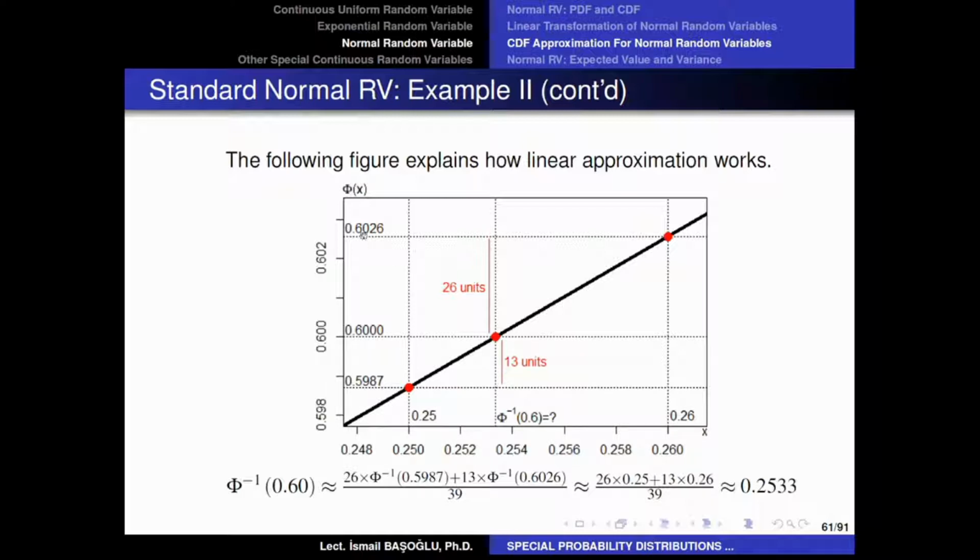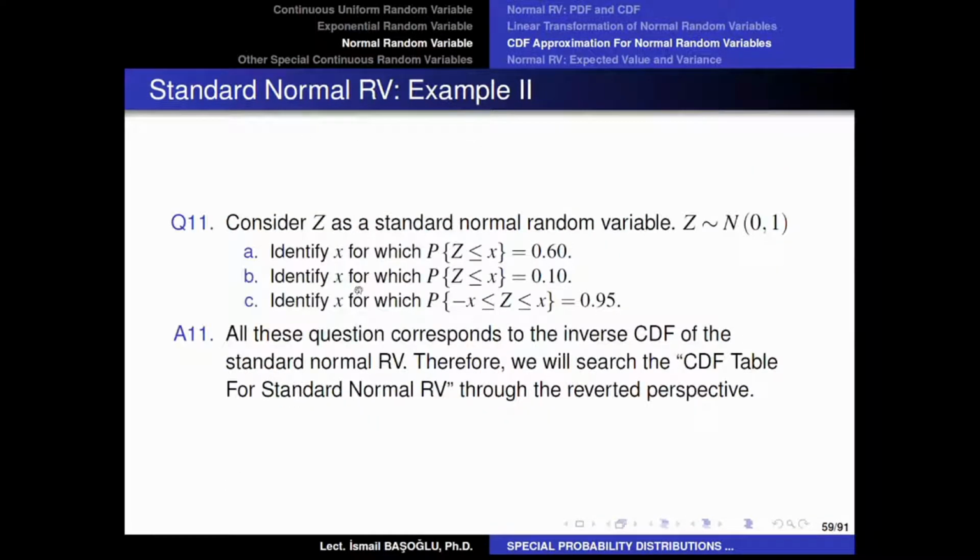You see the proportions of these distances is 26 to 13 units. Therefore, the proportions should be here as well, 13 and 26 units. And this helped me to calculate that the inverse CDF at 0.6 will be 1/3 close to 0.25 and 2/3 close to 0.26, which is 0.2533.